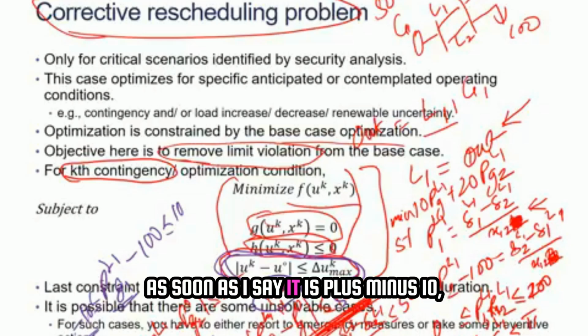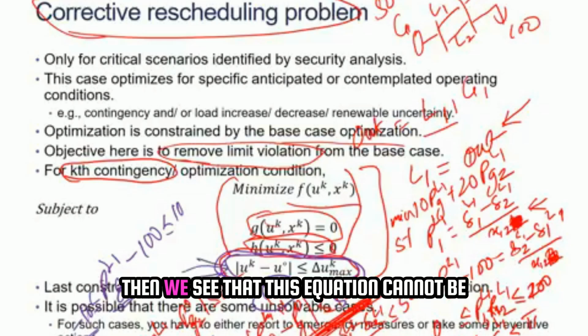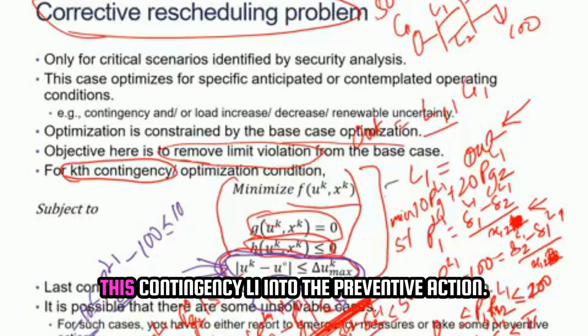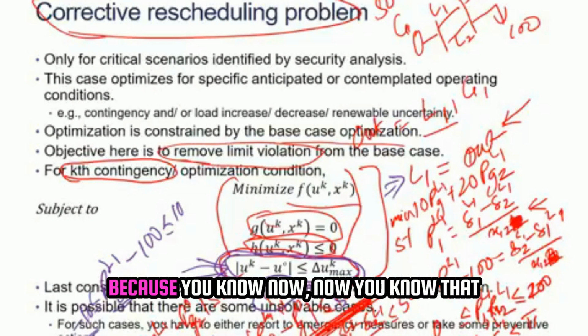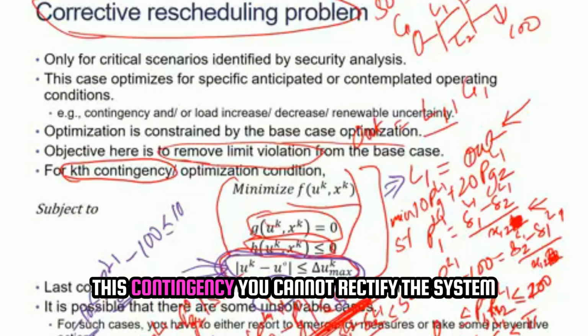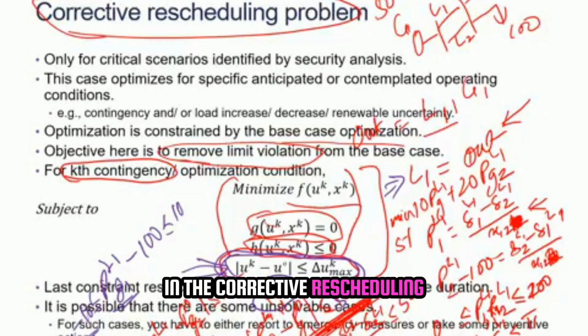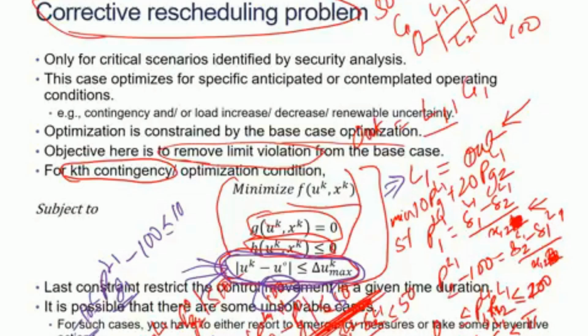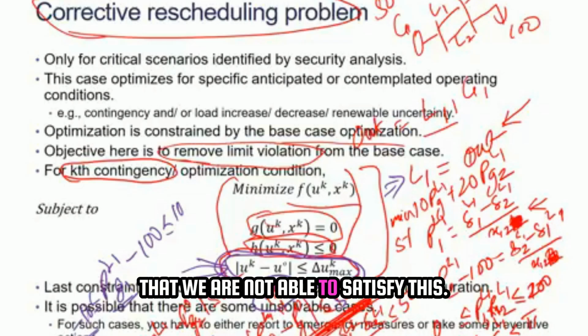As soon as I say it is plus minus 10, we see that this equation cannot be satisfied in corrective rescheduling, and that means you have to include this contingency L1 into the preventive action, because now you know that you cannot rectify the system in corrective rescheduling if it is plus minus 10 megawatt. Do you see that we are not able to satisfy this?